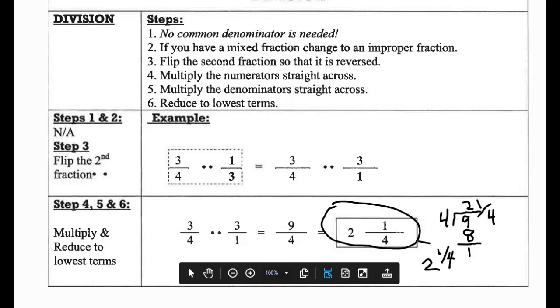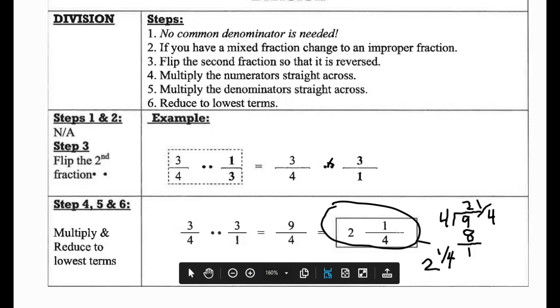So do you see how it's really important that you remember to flip the 1/3, where we were here? When we write equals, we want to write the whole problem over again so we don't get lost. So then we know we want to go 3/4, and we want to multiply now by 3/1 because we flipped it.